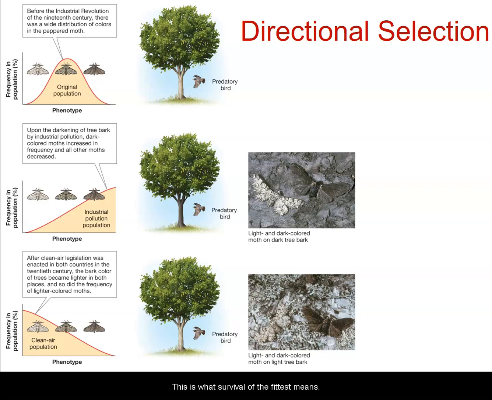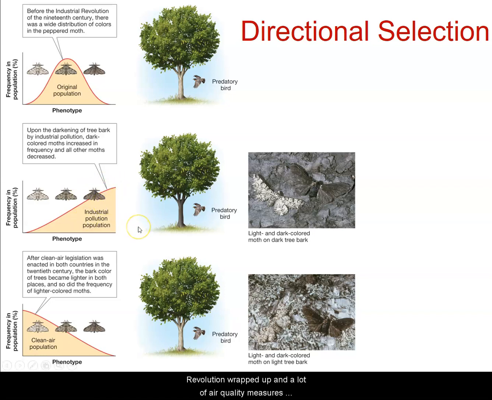This is what survival of the fittest means. Those that were able to live and reproduce in a given environment are fit. In the case of the original group, the peppered moths were the most fit. Once the industry came and polluted the trees, the black ones became most fit.